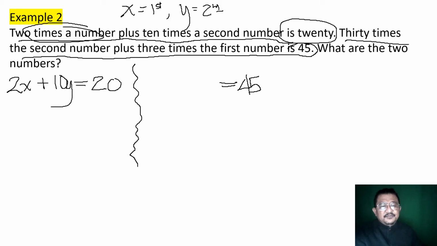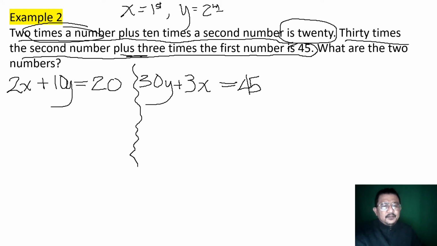See that? That's the first equation. Is equal to 20. All right. 30 times the second number, so 30 times the second number is a y, not x, plus 3 times the first number, 3y, 3x, all right, is equal to 45.